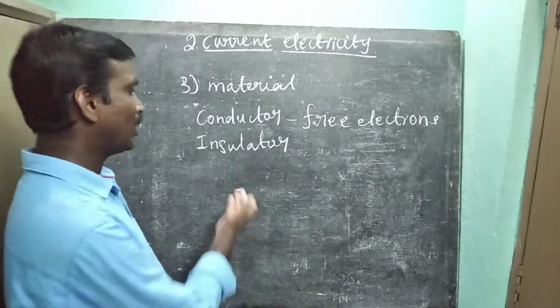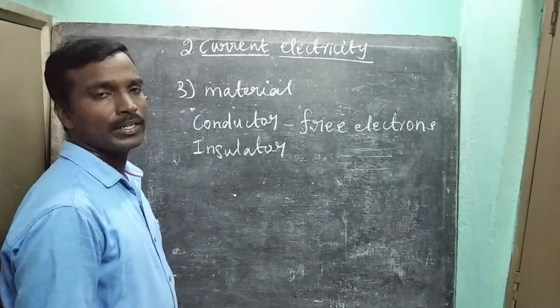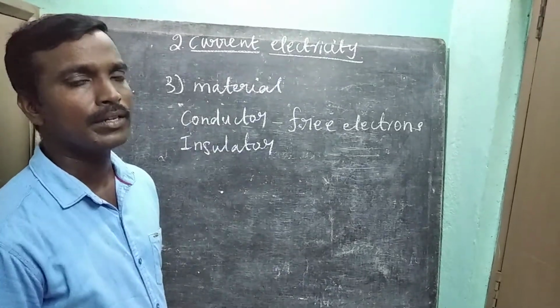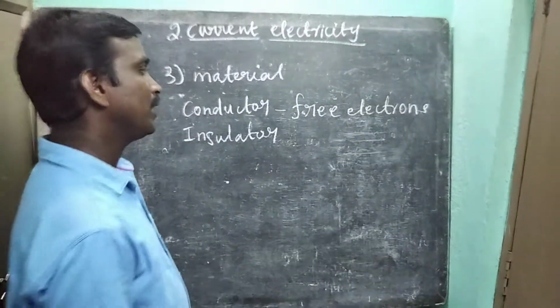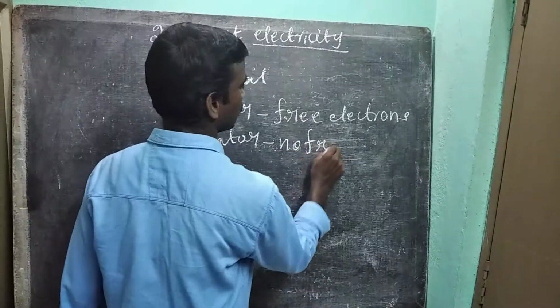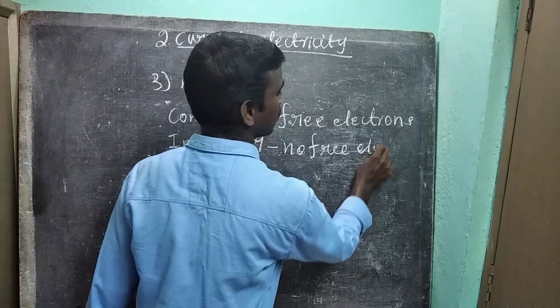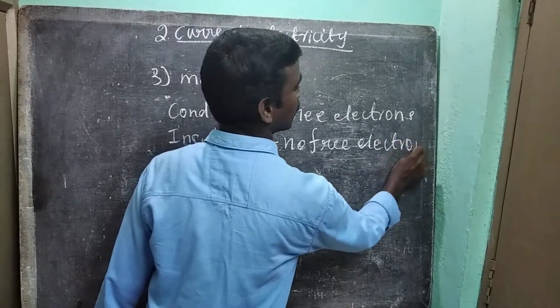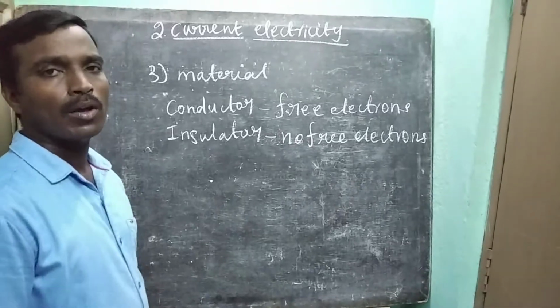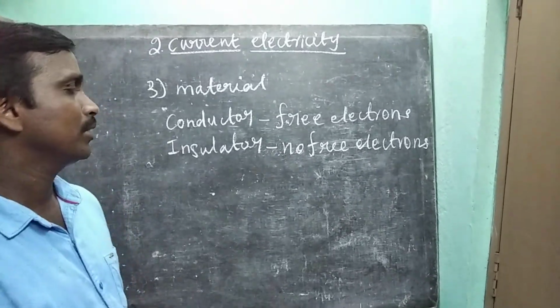Second one is insulator. A body that does not allow charge to pass through is called insulator. It has no free electrons. Example: rubber, plastic, dry wood.